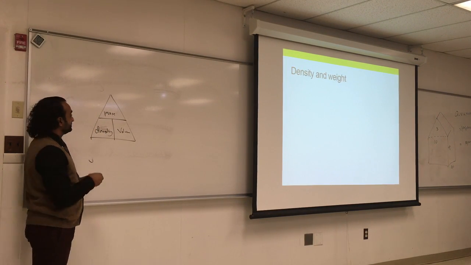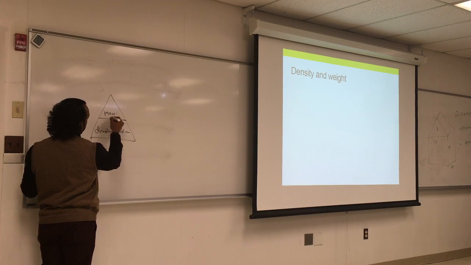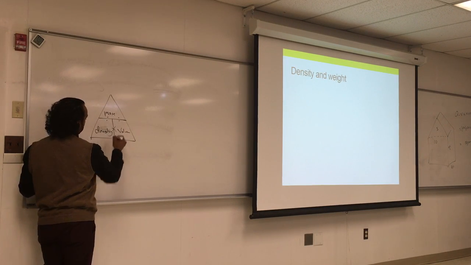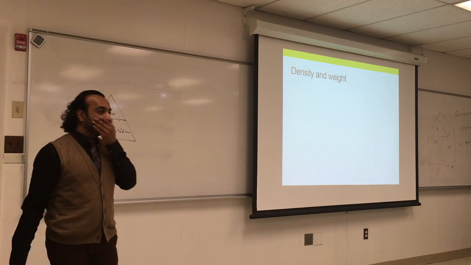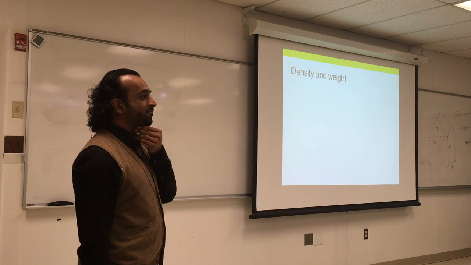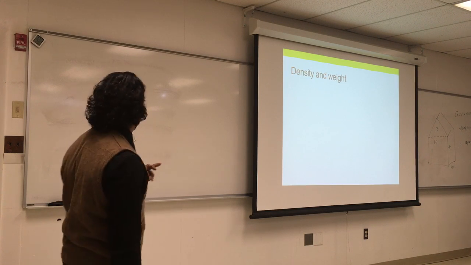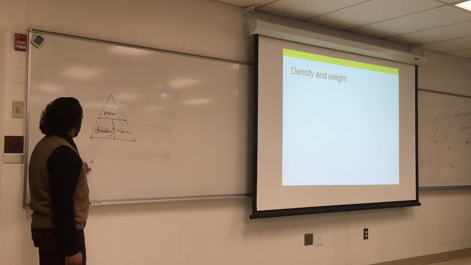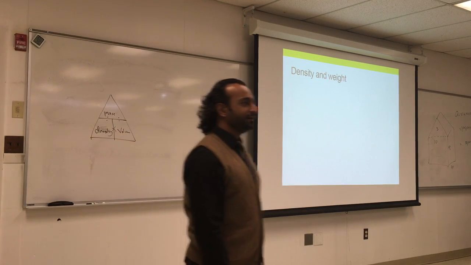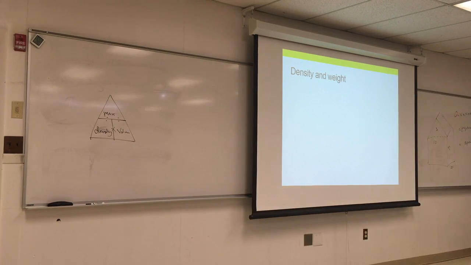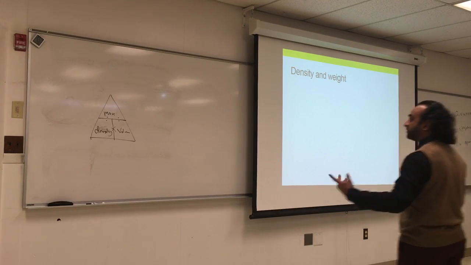Another triangle. So the same law basically as Ohm's law? Yeah, it's a relationship between three items. I like the triangle because it helps me remember. And weight is mass times gravity acceleration. So mass equals density times volume.